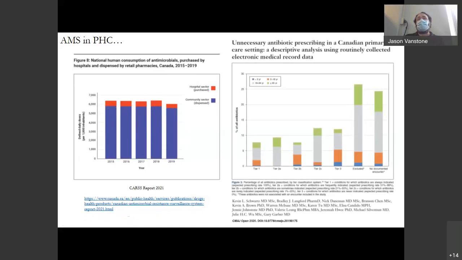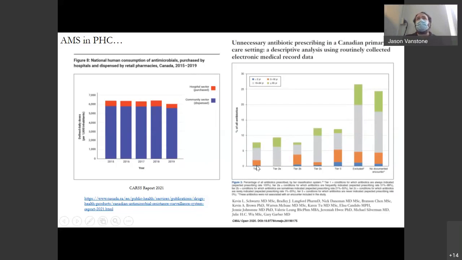And if we think about the appropriateness of antimicrobial use, there's all kinds of data out there. This was a recent paper from Canada, actually in Ontario. They had done a study where they looked at antibiotic prescribing in primary care and tried to parse out what those antibiotics are being prescribed for, to try and look at how appropriate that is. So for example, this tier 1 bar here represents different age groups.